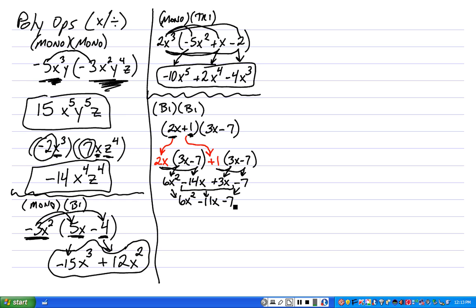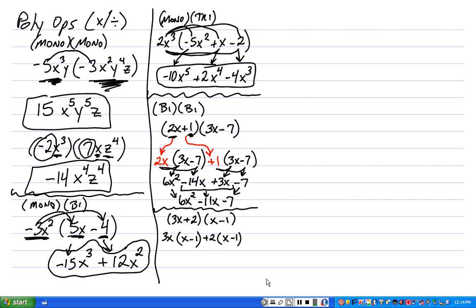Let's look at another one. Let's say we have 3x plus 2 times x minus 1. I want to take the 3x and multiply it by x minus 1. Then I want to take plus 2 and multiply it by x minus 1.